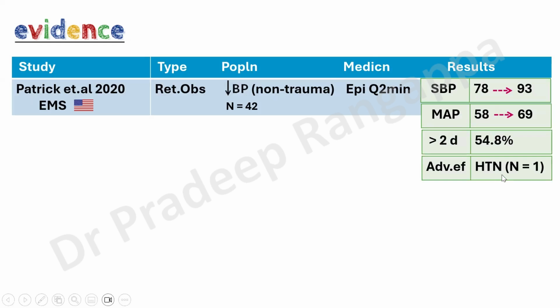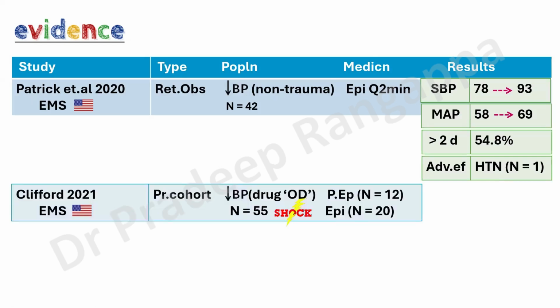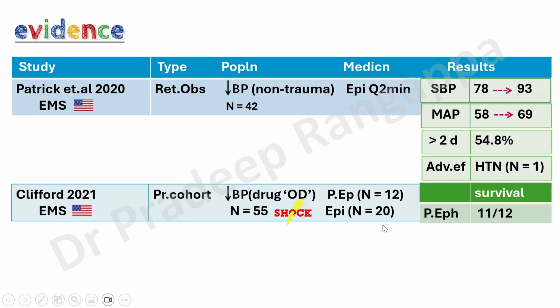Adverse effect with the use of epinephrine was seen only in 1 patient, who had severe hypertension. And this was another study by Clifford et al. in 2021, again from a US group, done in the emergency department, a prospective cohort study in patients with hypotension due to drug overdose. There were 55 patients. 12 patients got phenylephrine and 20 patients got norepinephrine.